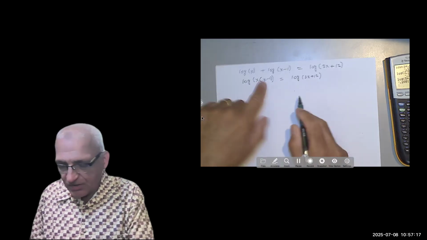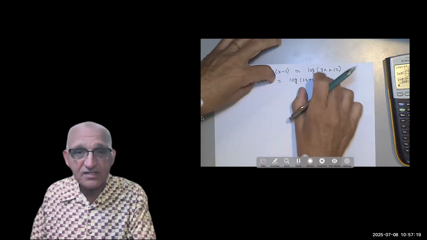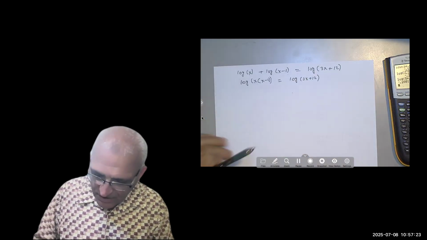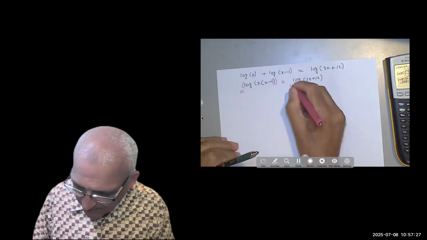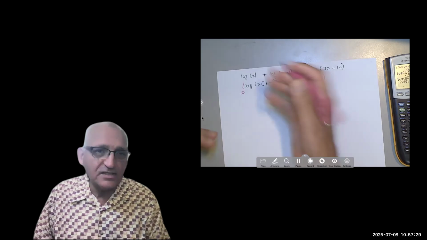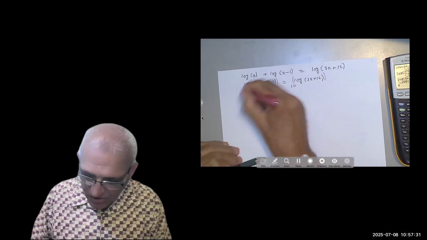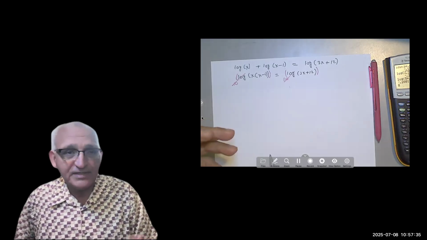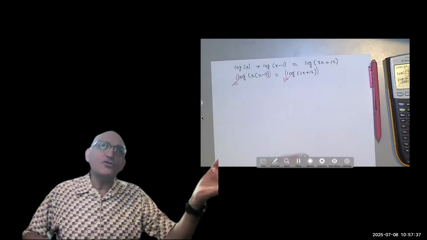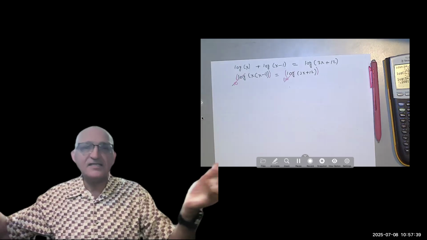If the log of the first equals the log of the second, then the first equals the second. But to show work, we say, if I raise 10 to both sides, it's better to write it this way, just to show that you're applying an inverse function. But it makes sense. If I say square root of x equals square root of y, then x equals y.